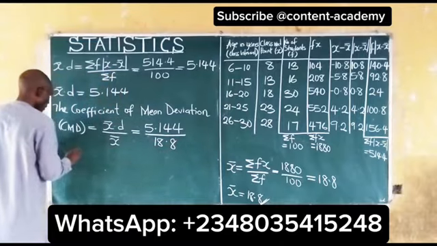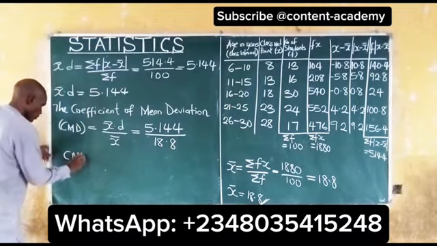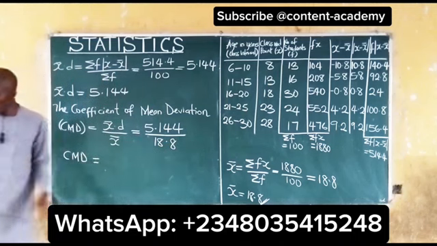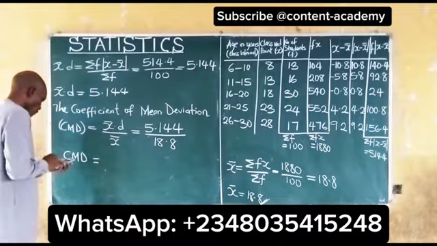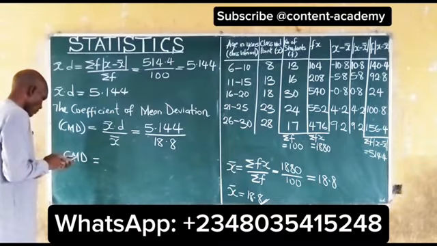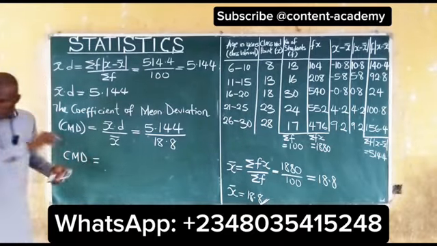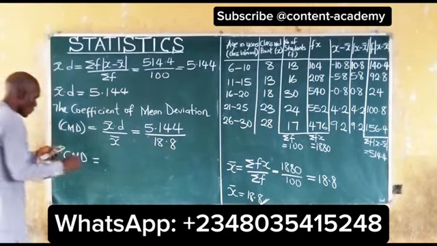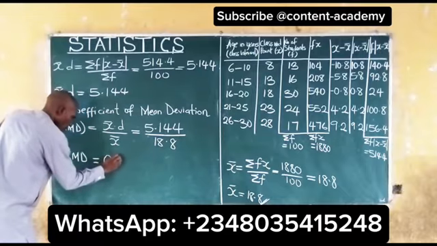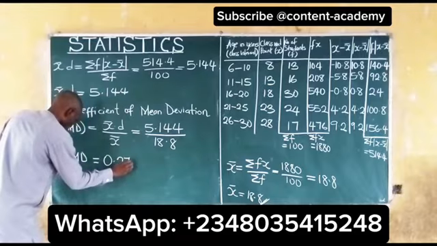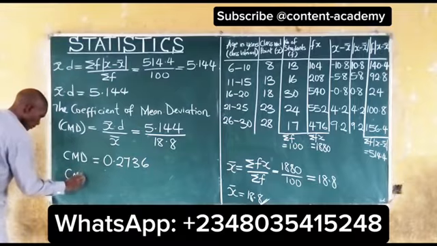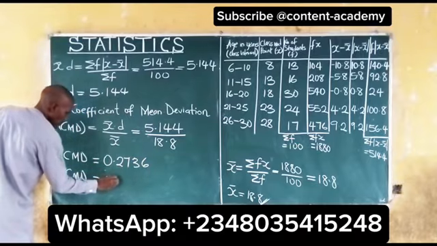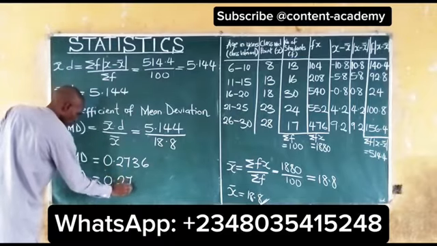So it then means that our coefficient of mean deviation will be equal to 5.144 divided by 18.8. So we have here to be 0.2736, which we can also approximate to be 0.27.